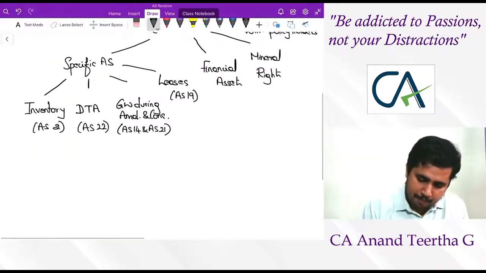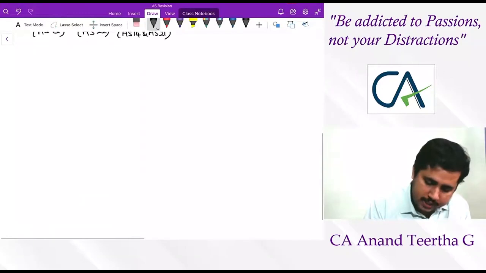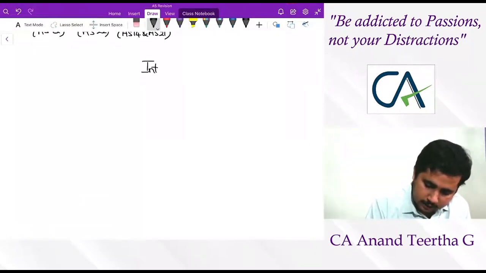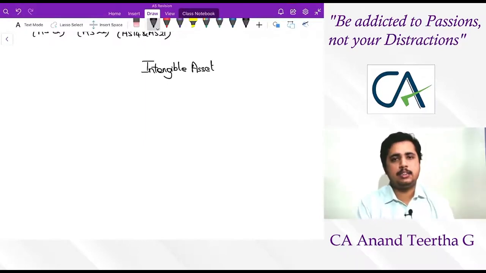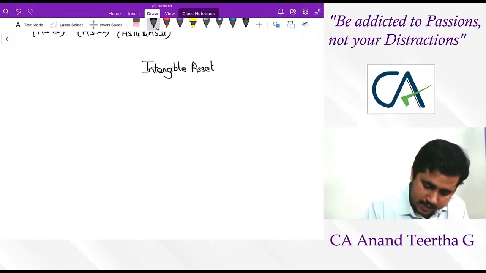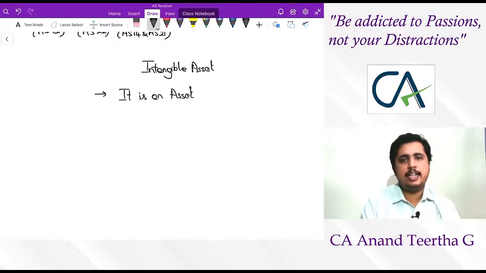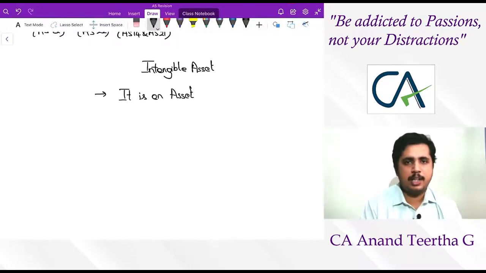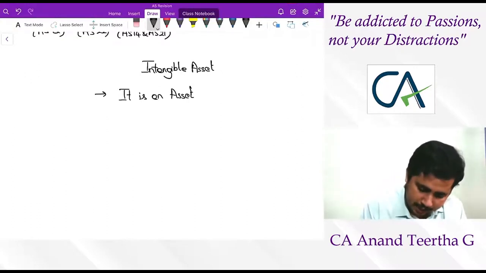Then the important aspect is, what is an intangible asset? We need to know now what is covered by AS 26. What are intangible assets altogether? First, let's see them rule by rule. It should be an asset. So first, obviously, if anything should be called an intangible asset, it should come under the asset definition. Second, it should be identifiable.